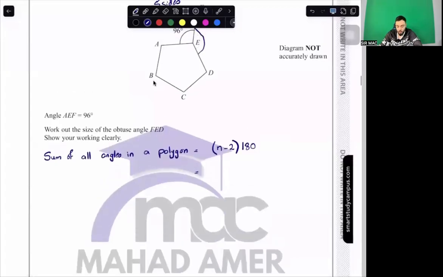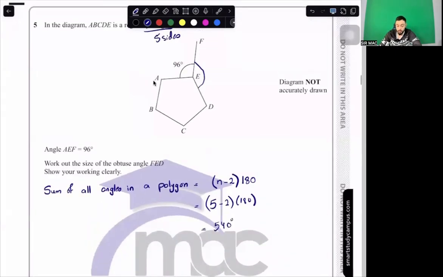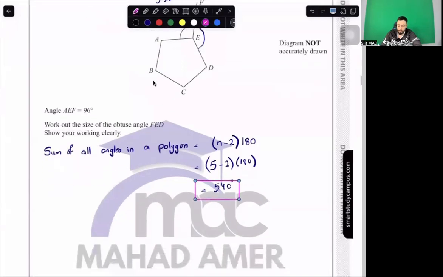Since it's a pentagon, there are going to be 5 sides. 5 minus 2 times 180, so that's going to be 3 times 180. The total sum of all the angles will be 540 degrees.